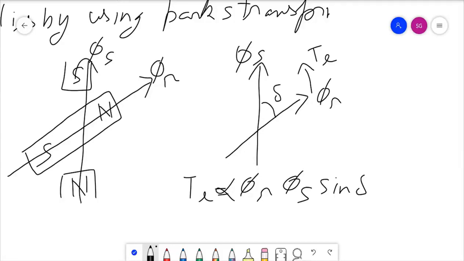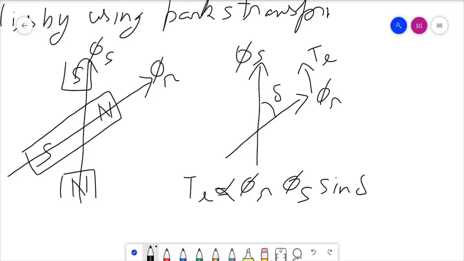Mind you, these quantities are space vectors. When I'm talking about phi r, this is the resultant flux generated by the rotor winding, and when I'm talking about phi s, this is the resultant flux by all the three phases in the stator winding.